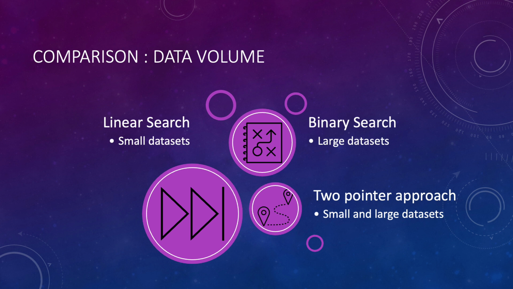But binary search is very efficient on large data sets because our data is sorted and we have literally reduced our search space to log n. That turns out to be really efficient on large data sets. The two-pointer approach works well with both small and large data sets, but it is efficient on large data sets.